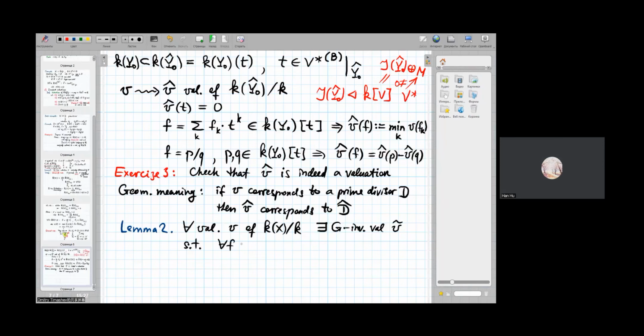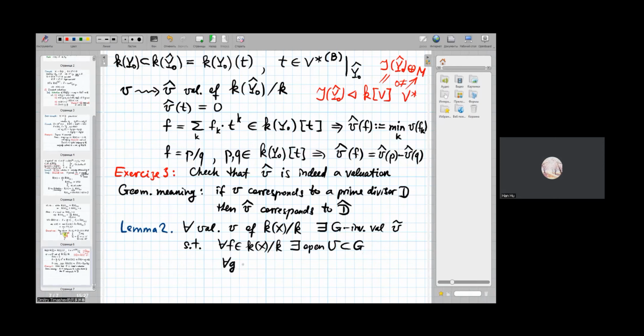for any rational function f, there exists an open subset U in the group G with the following property.